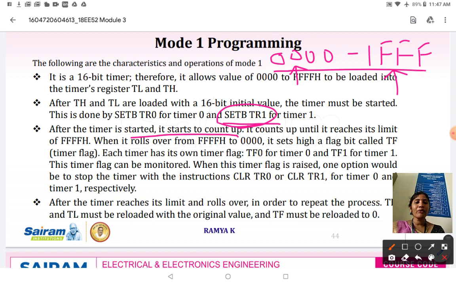At that moment, every time your timer flag will be checked. Once the timer flag is set, the timer will stop counting, and we need to clear the timer flag and clear the timer run bit so that it will be ready for your next process.